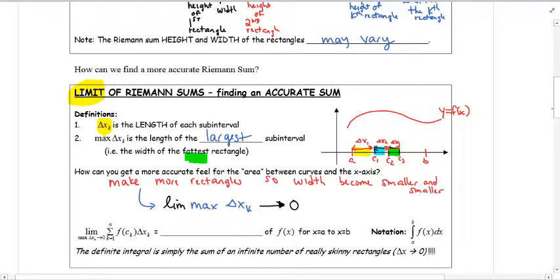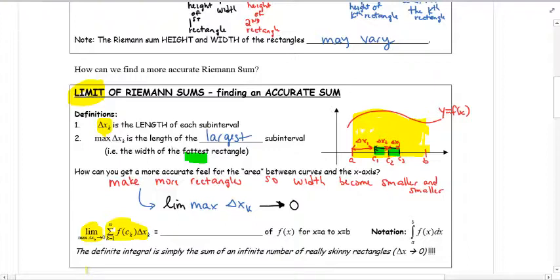So to get the most accurate area calculation for the area between the curve from a to b of the function f of x, really I'm taking the limit as all these widths get closer and closer to 0 of the sum of all of the rectangles with height given by f of x and the width by this delta x.